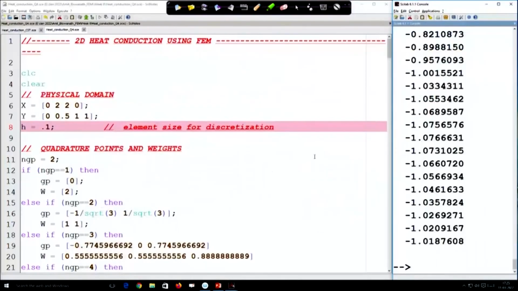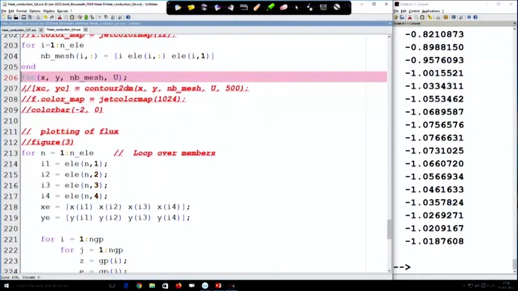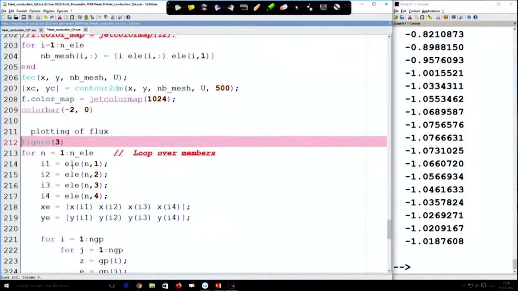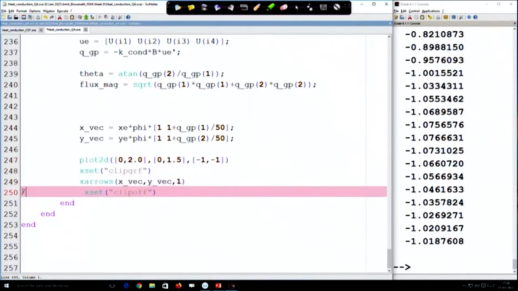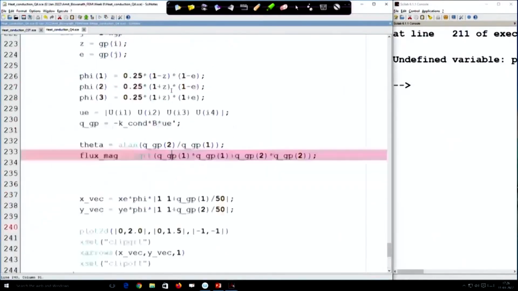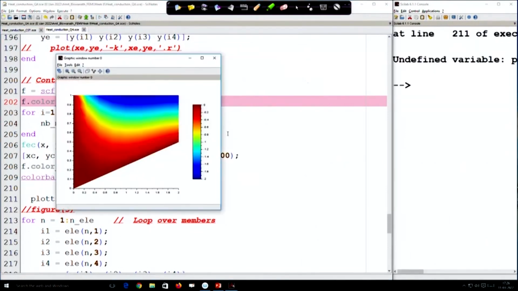Okay. Now, here also let us plot with 0.25 contour, and then also plot the... this is our contour plot.